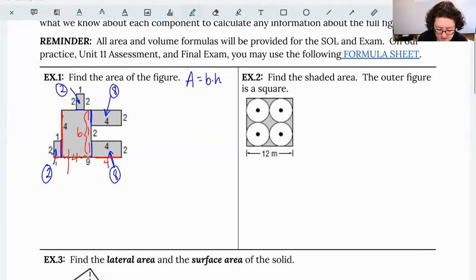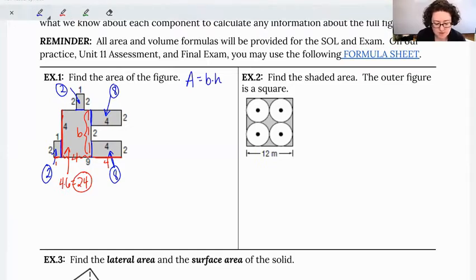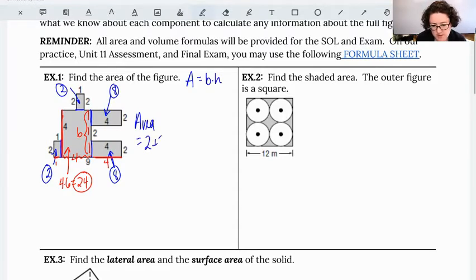And so the area of that larger rectangle now is 4 times 6, otherwise known as 24. And so for our full area, all we need to do is add together all of our parts. So our full area is going to be 2 plus 2 plus our large rectangle 24, and then our 2 eights from the right-hand side. And if we add those up, we get 44.